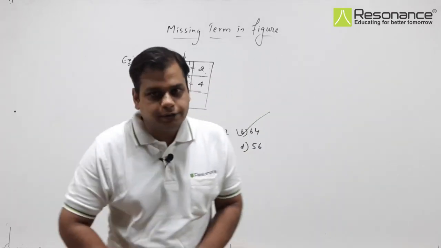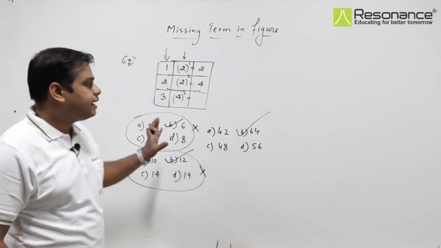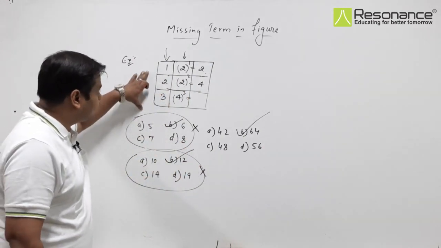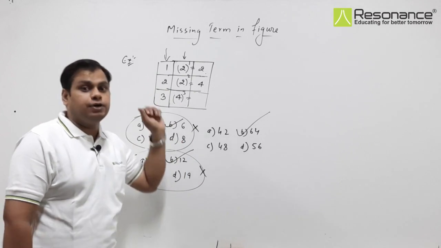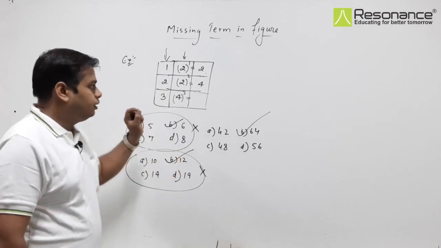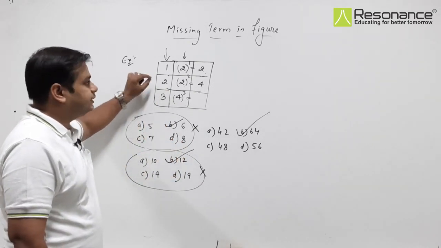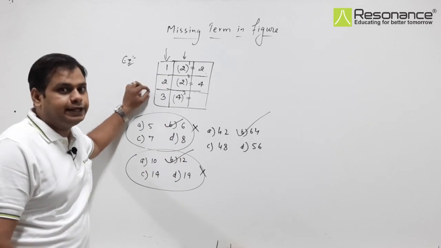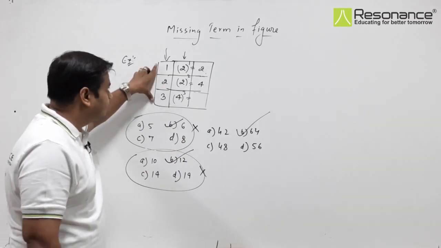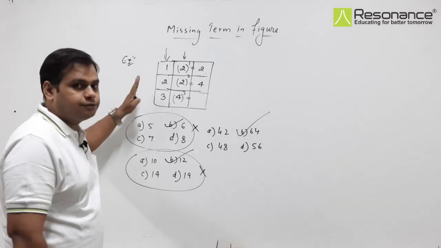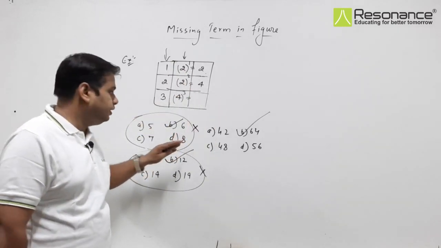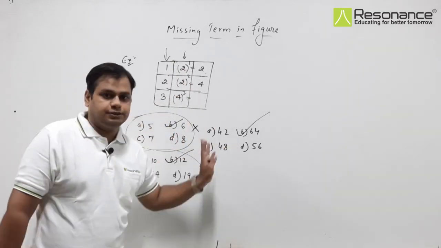So according to this, we have seen that we have 3 different logics in only one question. I haven't changed any single number in the grid, but we applied 3 different logics and found 3 different answers.